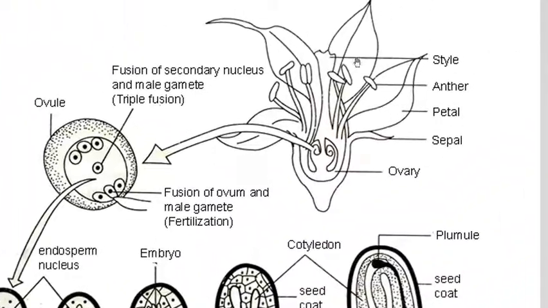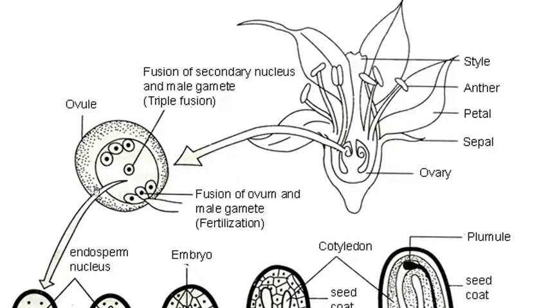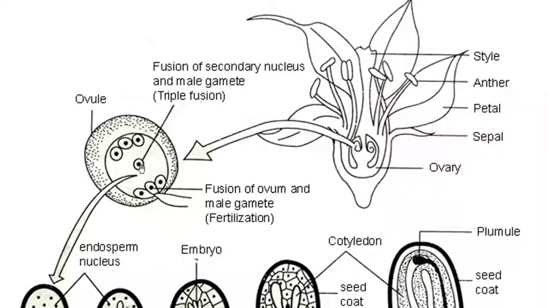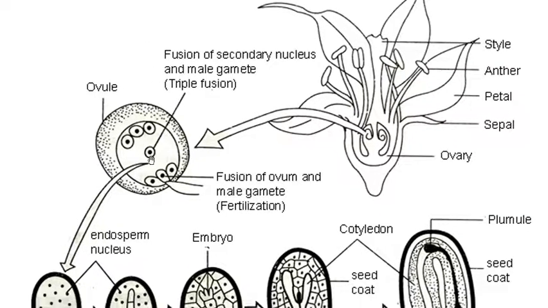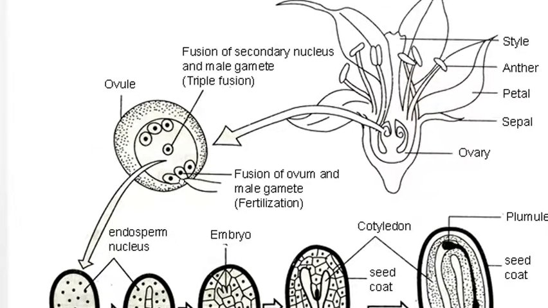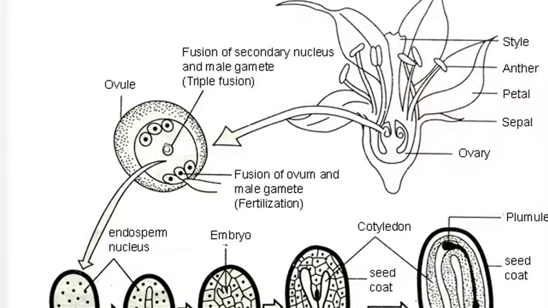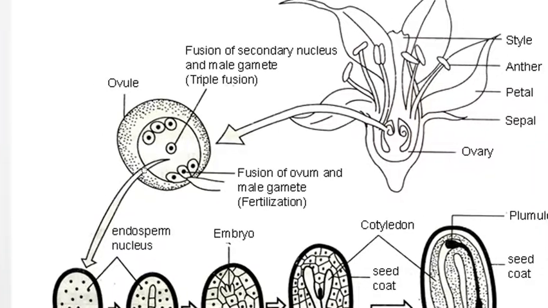So here in a typical flower, inside the ovule, when the secondary nucleus fuses with a male gamete, this phenomenon is called triple fusion, and this process produces endosperm, and when a male gamete fuses with the ovum, that produces the zygote. So here we find the zygote and the endosperm.